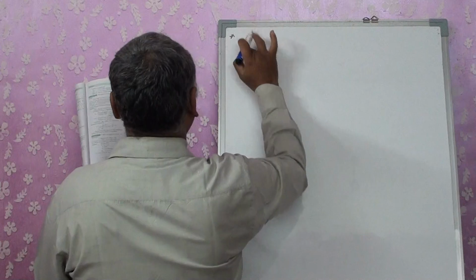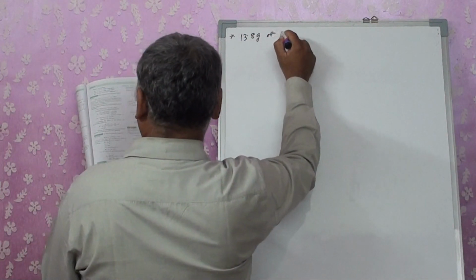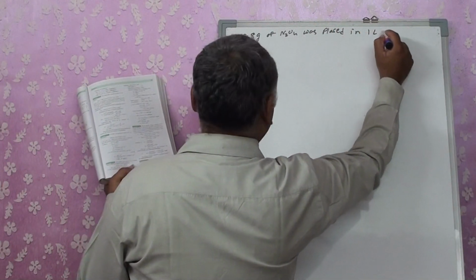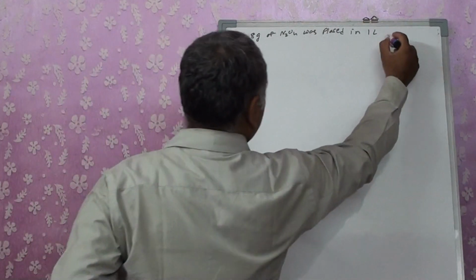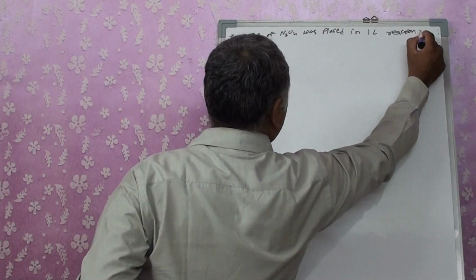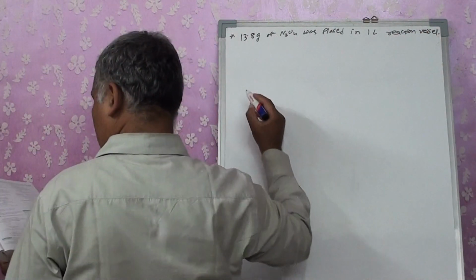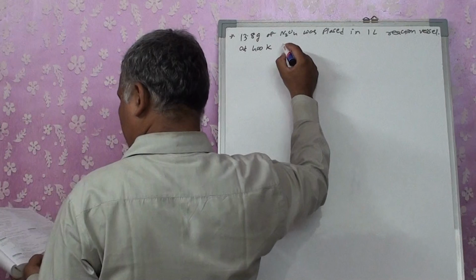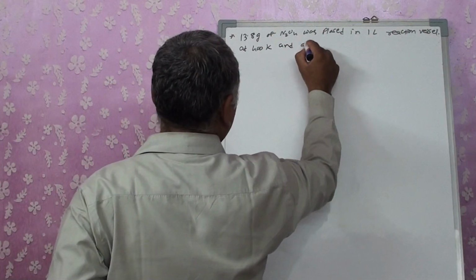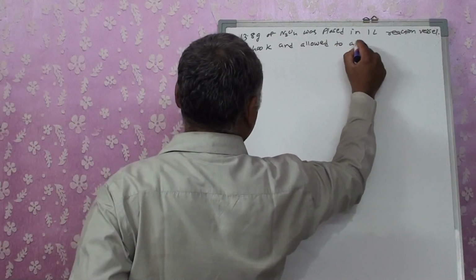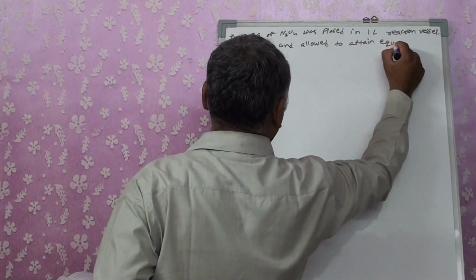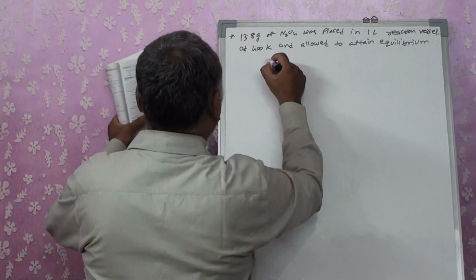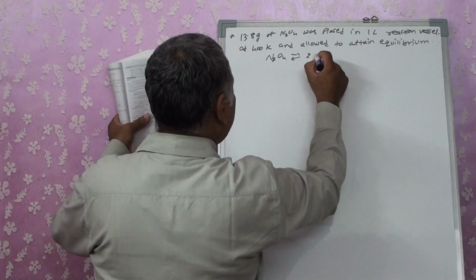13.8 grams of N2O4 was placed in a 1 liter reaction vessel at 400 Kelvin and allowed to attain equilibrium. N2O4 gets converted into 2NO2.